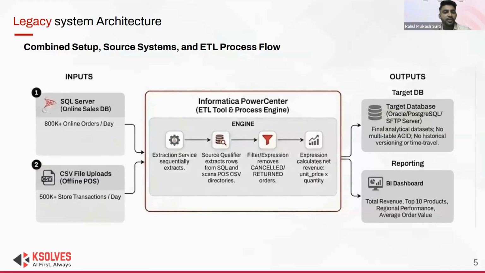Then there are some remote stores which upload the daily point of sale transactions into a particular folder. Now your Informatica PowerCenter ETL tool processes the data, applies the transformation, and loads it into the costly data warehouse. This whole pipeline looks good at first.